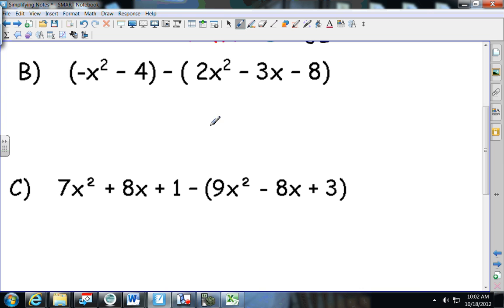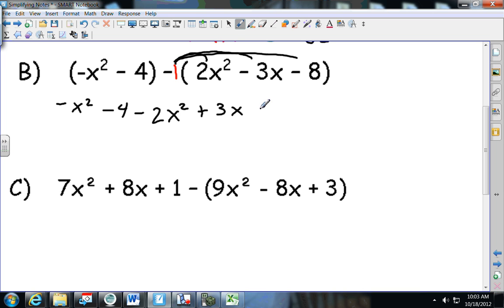In letter B, you have the minus sign. That's a negative 1. The first part stays the same. Negative x squared minus 4. Nothing changes there. Then you take negative 1 times 2x squared, negative 2x squared. Negative 1 times negative 3, plus 3x.